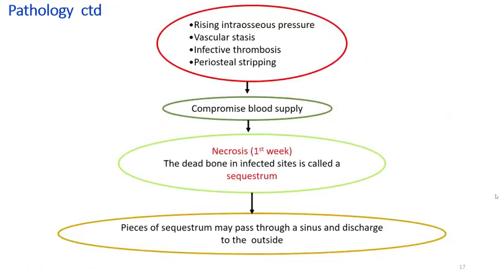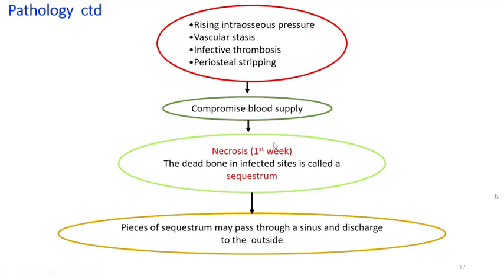So due to rising intraosseous pressure, vascular stasis, infective thrombosis, and periosteal stripping, the blood supply to the bone will be further compromised. So you will get necrosis during the first week of acute osteomyelitis. This necrotic bone within the infected site is called sequestrum.